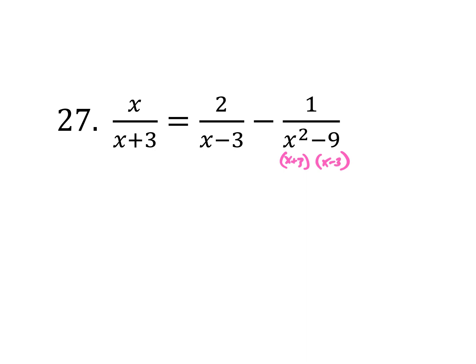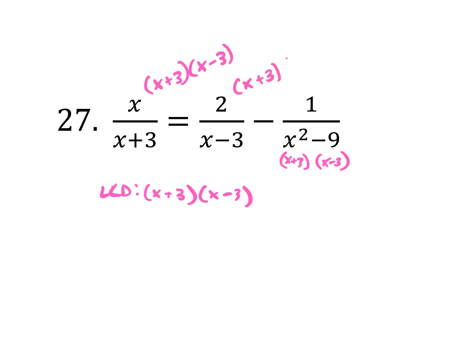So all of our factors, our least common denominator, is x plus 3 times x minus 3. So we multiply everything times x plus 3 times x minus 3, but the only thing that's actually getting multiplied is the one that's missing from the denominator, because the one that's already there is going to get canceled out.